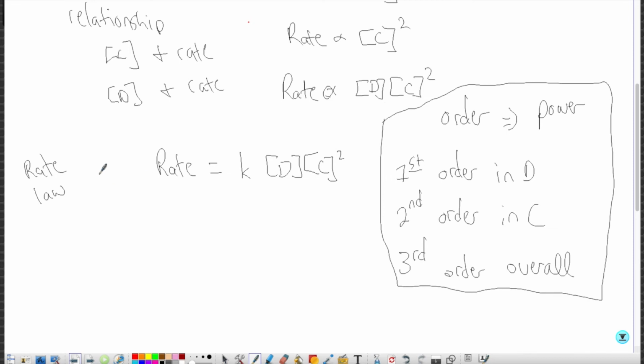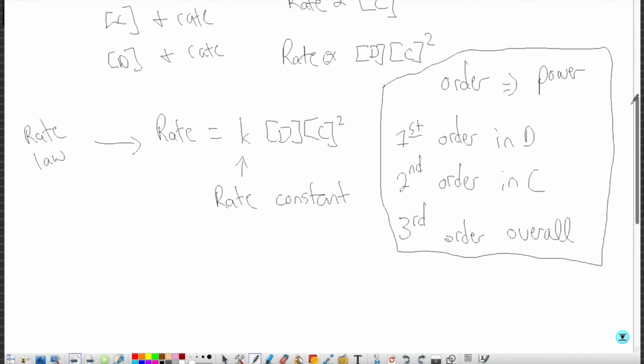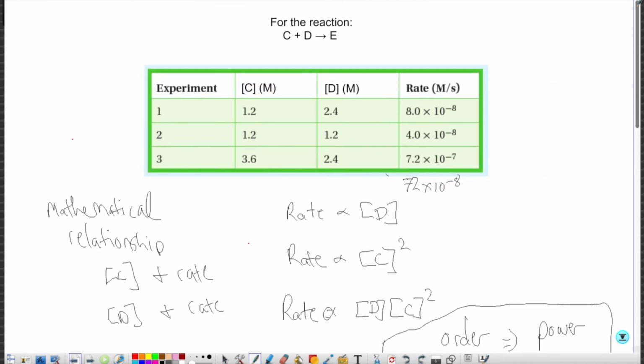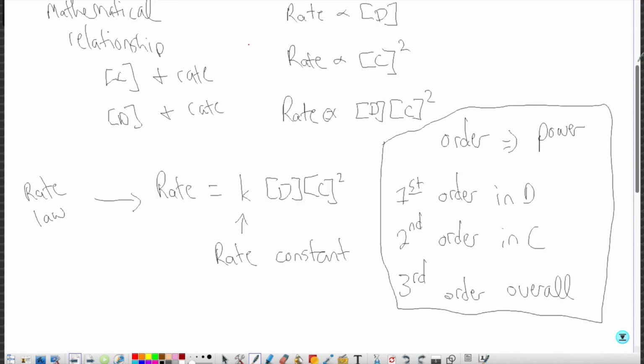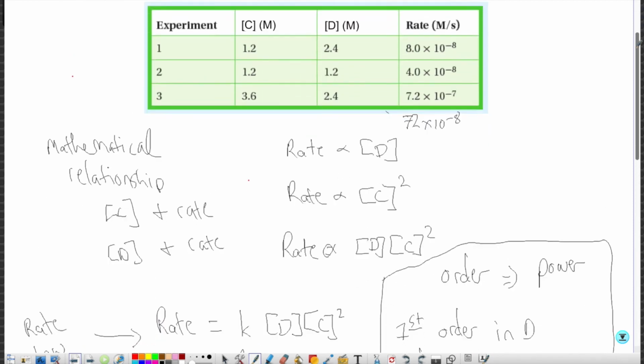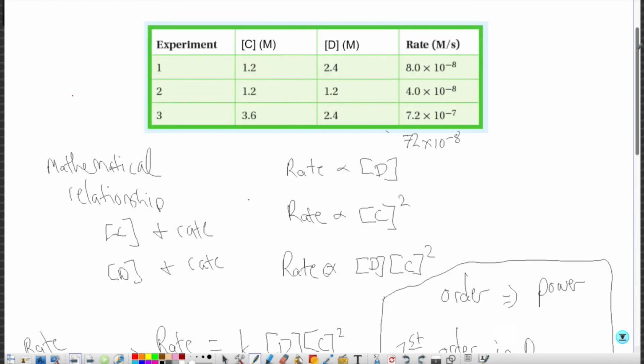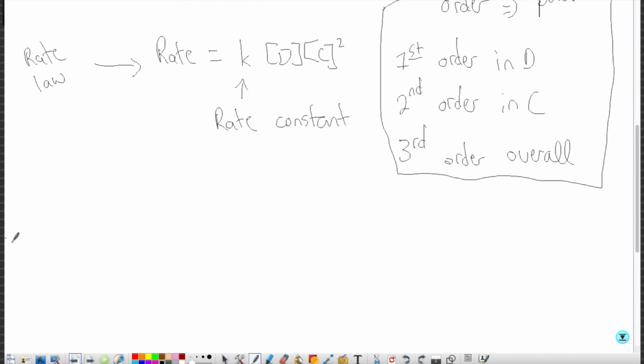Now, this is a rate law. This is a constant, a rate constant. And the rate constant is actually a little bit tricky. You could get the value pretty easily by plugging in numbers. So let's actually solve out this rate constant.